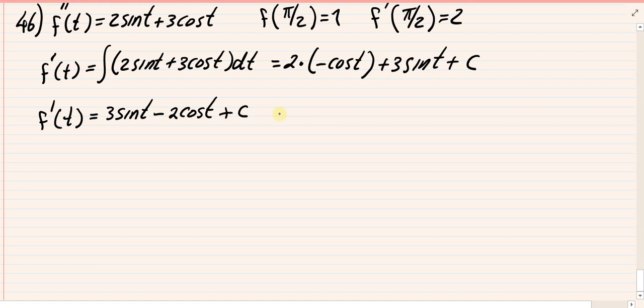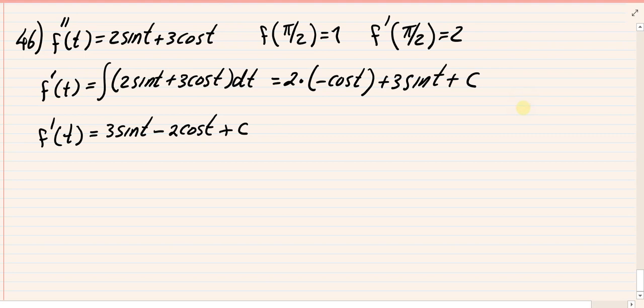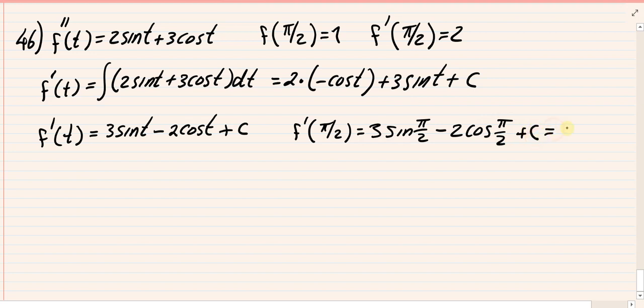Now, we put in the initial value conditions, right? f prime at pi over 2 is 2. So f prime at pi over 2 is going to be 3 sine of pi over 2 minus 2 cosine of pi over 2 plus a constant that should equal 2.